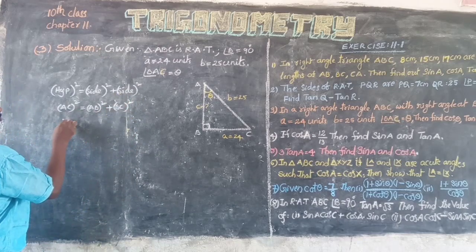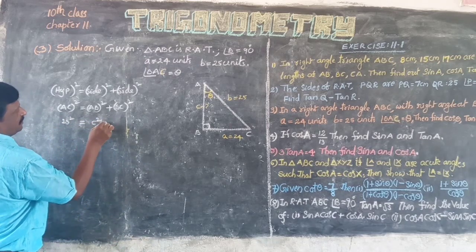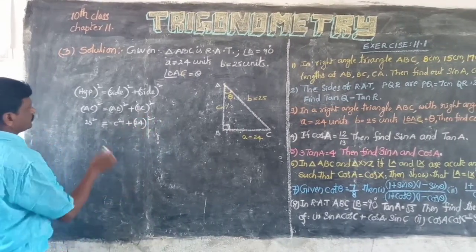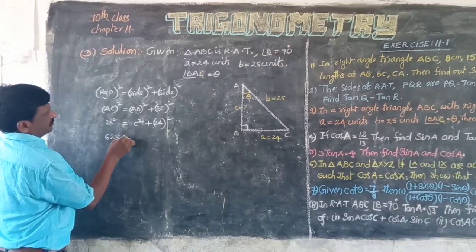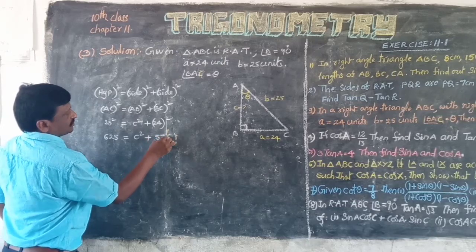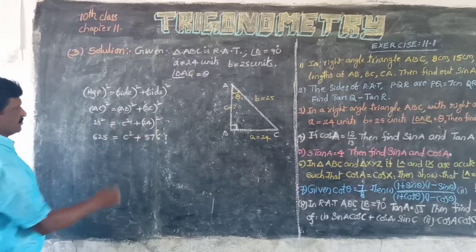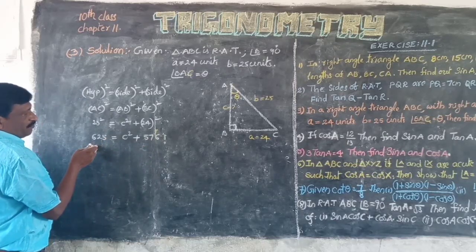AC square is 25 whole square, which is 625, equal to c square plus 24 whole square, which is 576.